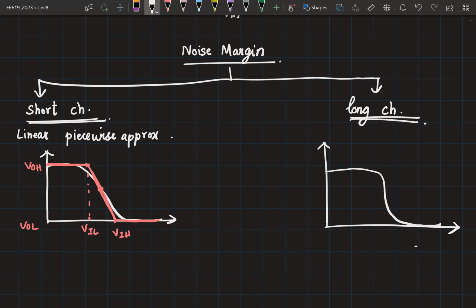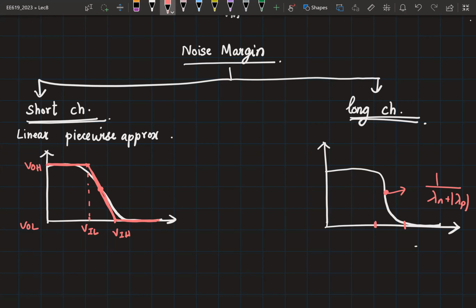In this case, we found that the equations are simple enough to actually do the calculation. And what was the conclusion we got? The gain at this node is inversely proportional to lambda n plus mod lambda p. Now, if lambda n and lambda p are very small, the gain here is going to be very close to minus infinity, right?